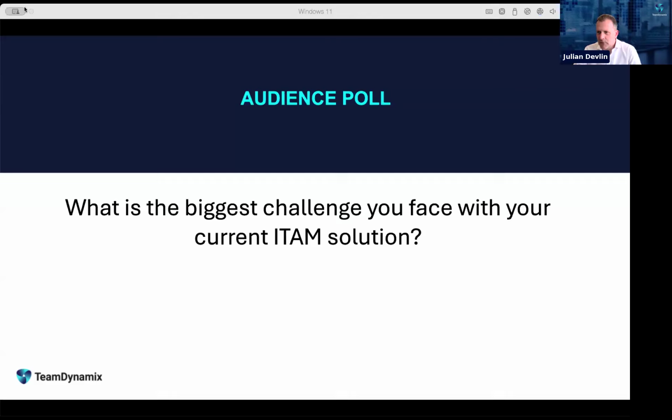A couple of second answers are the lack of visibility into usage and manual processes taking too much time. So that all holds together. That is what we tend to see with our existing customers. And these are areas that we like to focus on within our tool to make things easier.